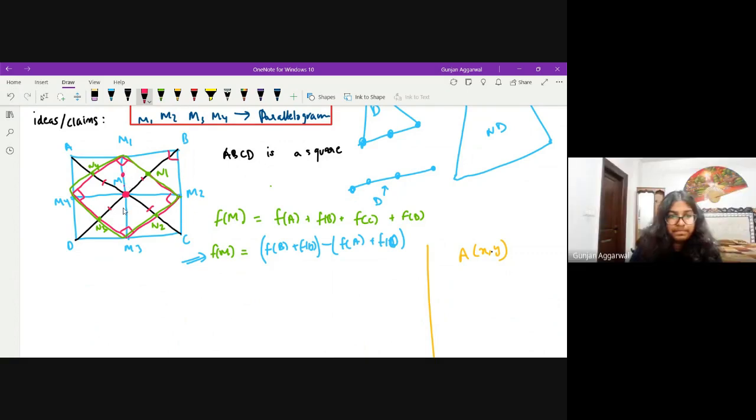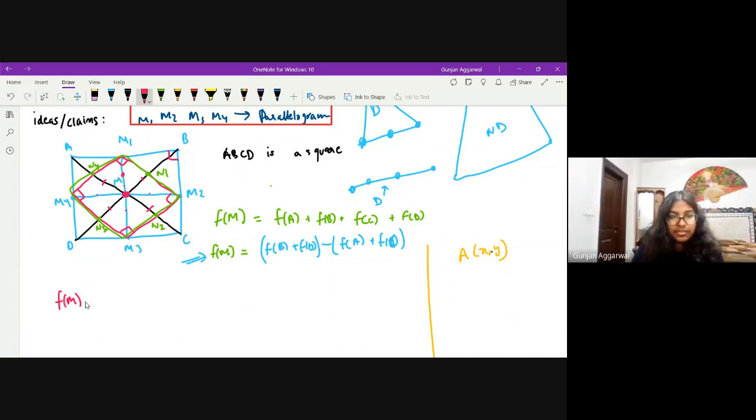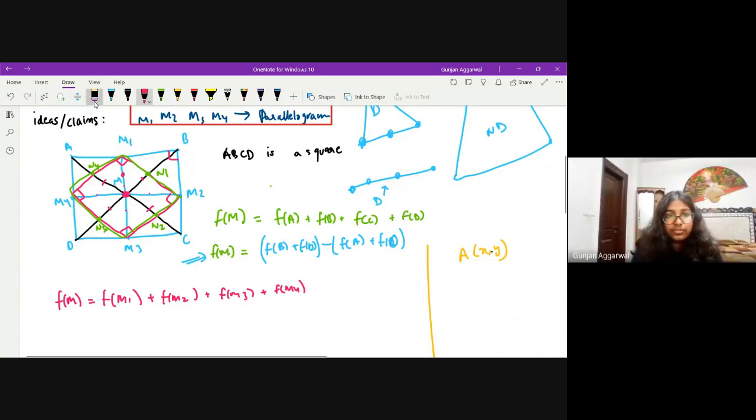And both the points are coinciding, hence I equated it. So you basically did f of m equals f of m1 plus f of m2 plus f of m3 plus f of m4. Right? Yes, ma'am. After that, what did you do?